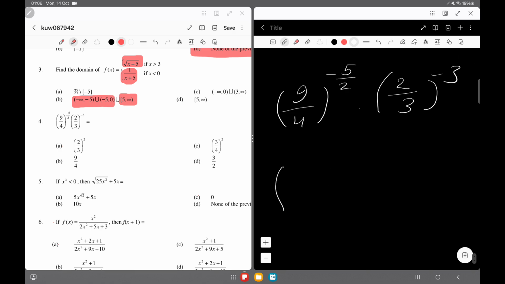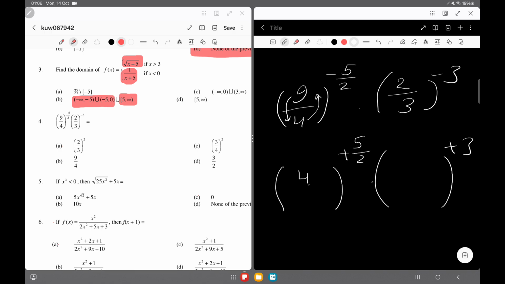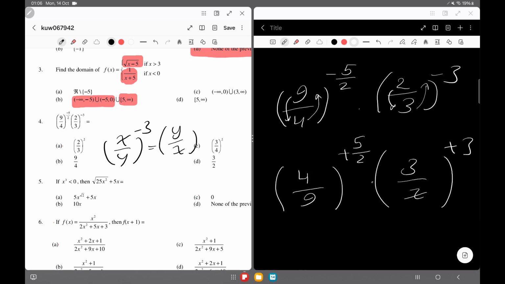If I want to make it plus 5 over 2 and plus 3, I just make this up and this down. As you see, if you have x over y to the power of -3, if I need it to be +3, I have to write y over x to the power of 3. Make this up and make this down.